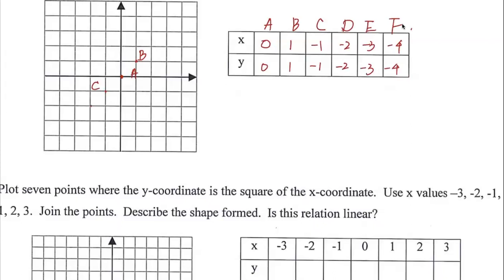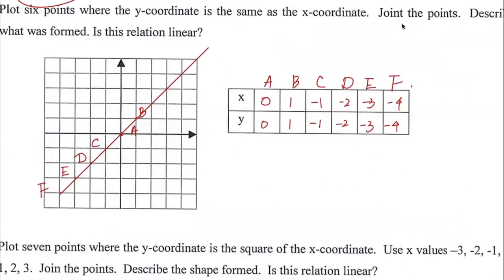E is -3, -3. F is -4, -4. Right. So now we simply join all the points, and we can see that this straight line passes through all the points.